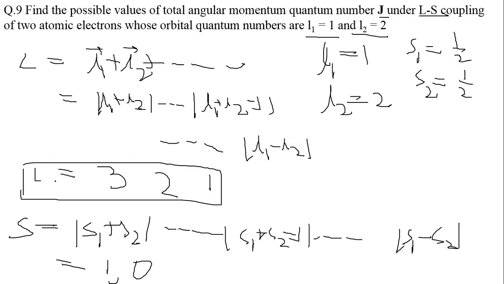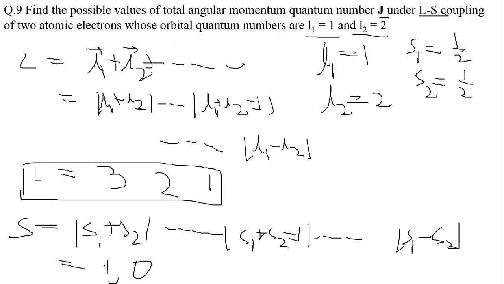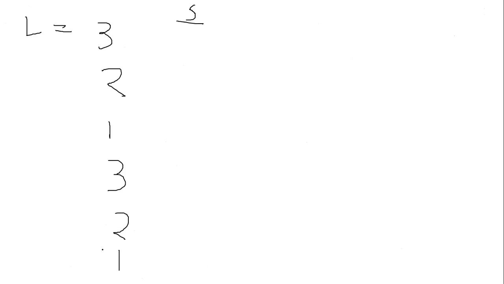So L will be 3 to 1 and S will be 1 or 0. For L equal to 3, S will be 1; L equal to 2, S will be 1; L equal to 1, S will be 1; and for S 0, again we will have the same.